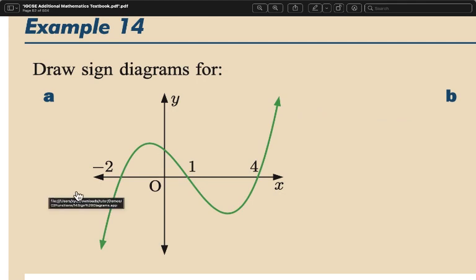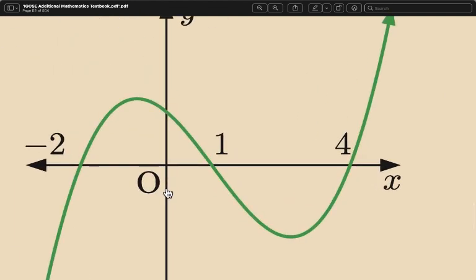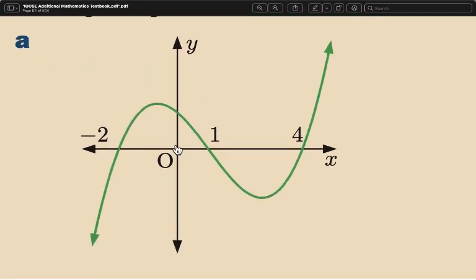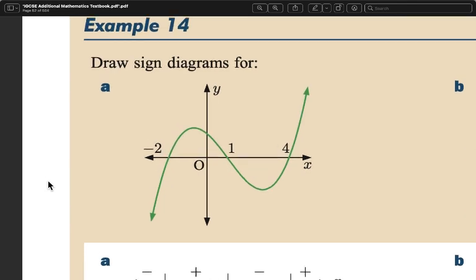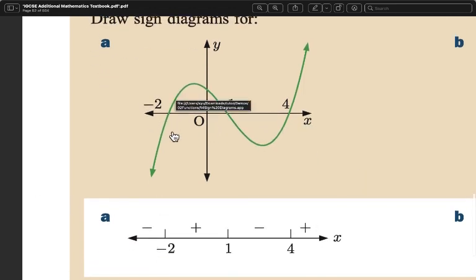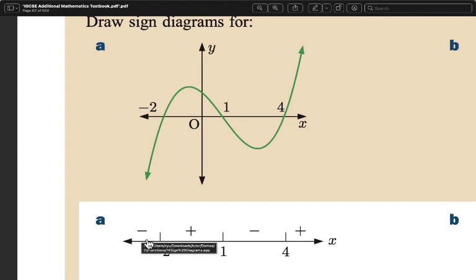And you can also determine the sign diagram by just looking at the function itself. The parts of the function above the x-axis mean that y is positive, and the parts below the x-axis indicate that y is negative. So you can simply draw the sign diagram based on the zeros given: -2, 1, and 4. For any x values below -2, y is below the x-axis, so the sign is negative.